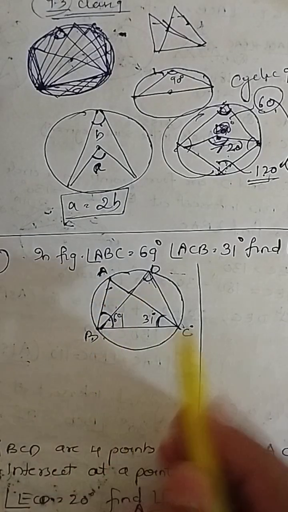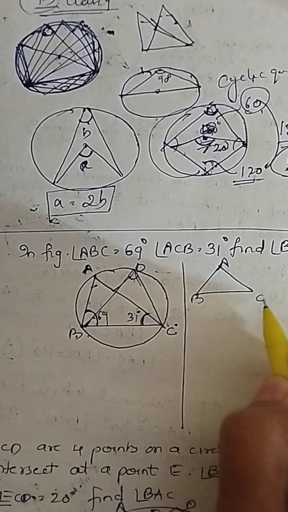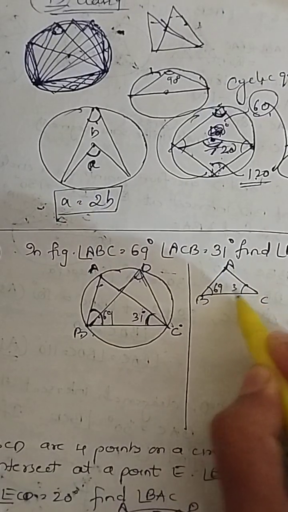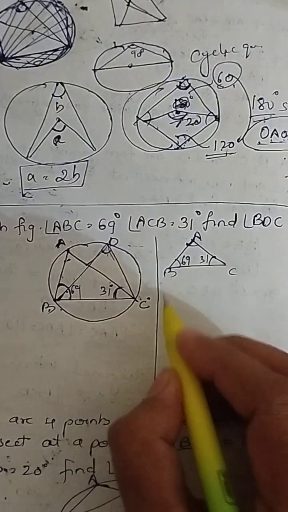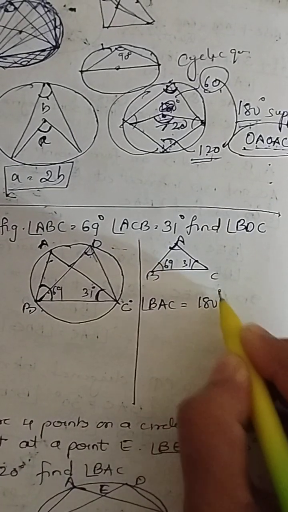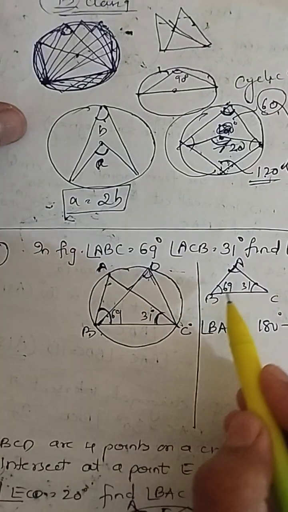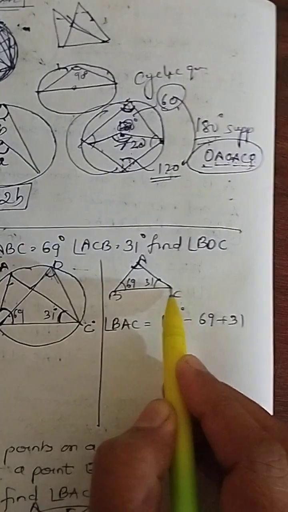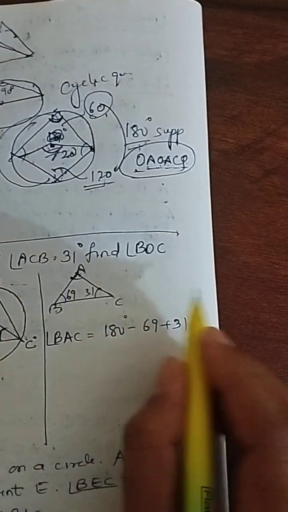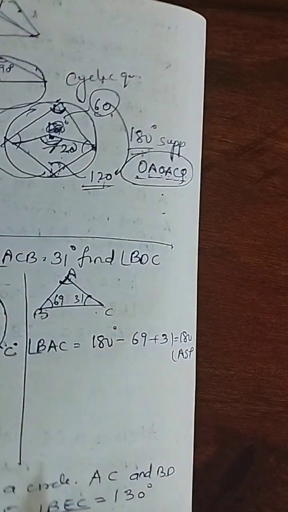Now take this triangle ABC. For your convenience, let me draw it separately, without the circle. Angle ABC is given as 69, and angle ACB is given as 31. So you can find out angle A, right? Angle ABC plus angle ACB plus angle BAC is equal to 180 degrees, because of the angle sum property.